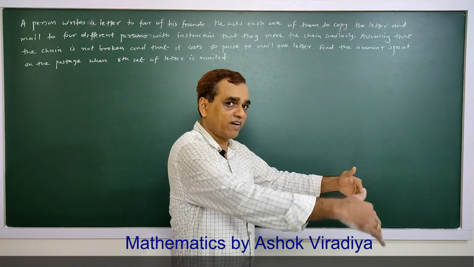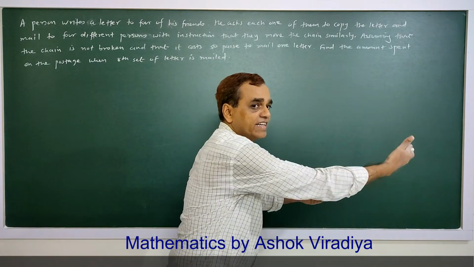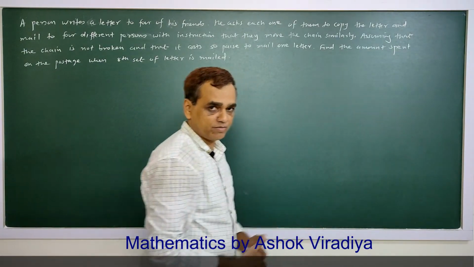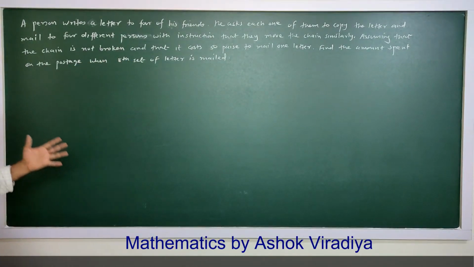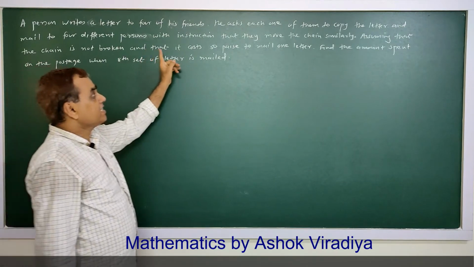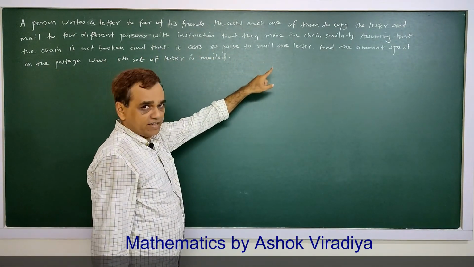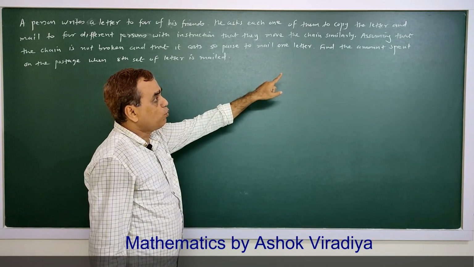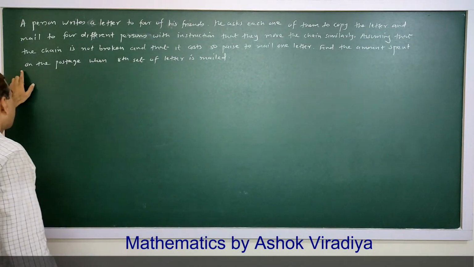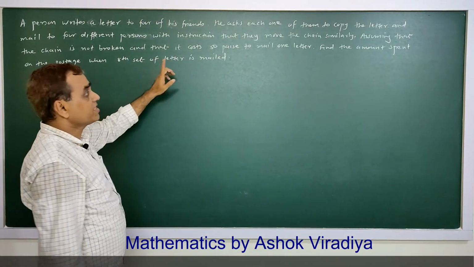Then those 4 friends again will send to their 4 friends. So this chain will be continued. The chain is not broken, and it costs 50 paise to mail 1 letter. Find the amount spent on the postage when the 8th set of letters is mailed.